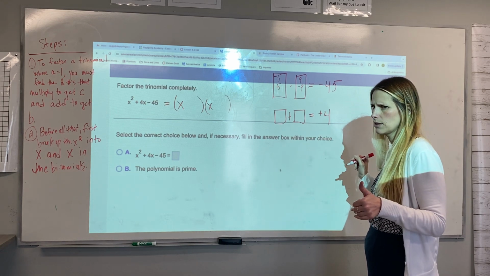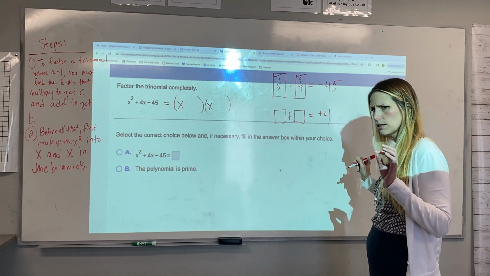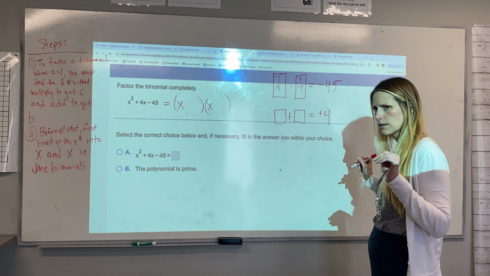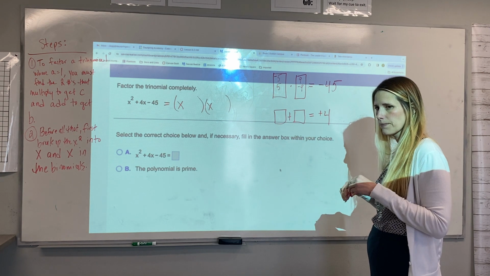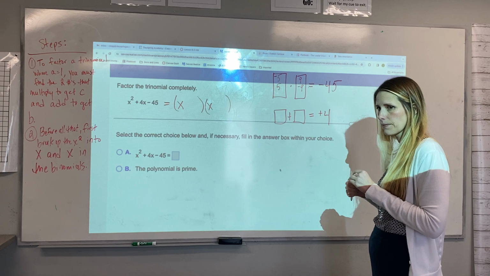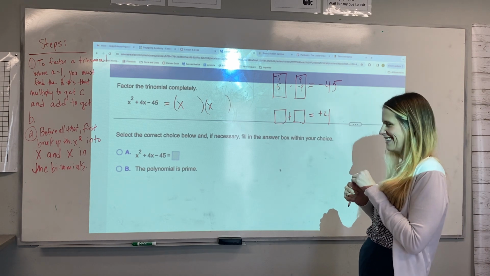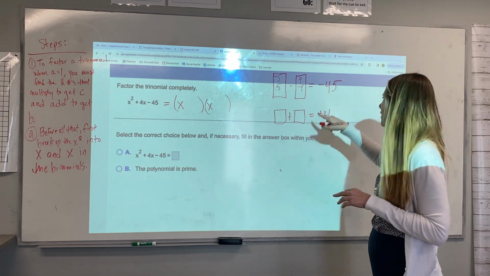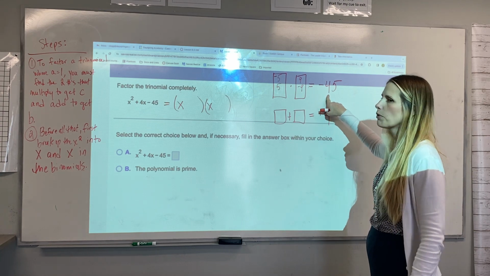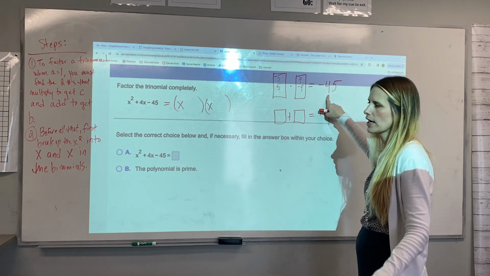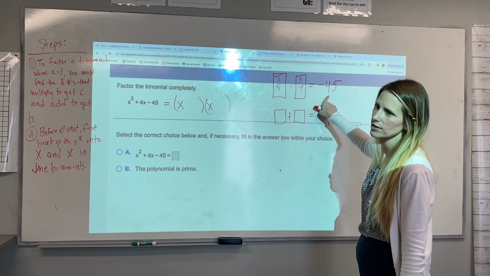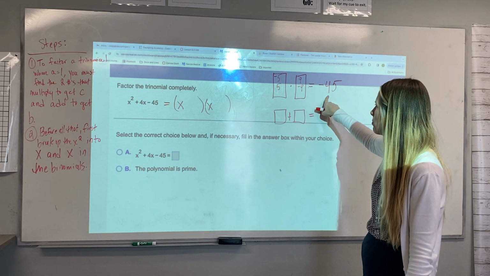Does that make sense? A negative number times a positive number gives you a negative number, and that's what we need. So before we had a positive product, so we needed two negatives. Here we have a negative product, so we need one negative, one positive.